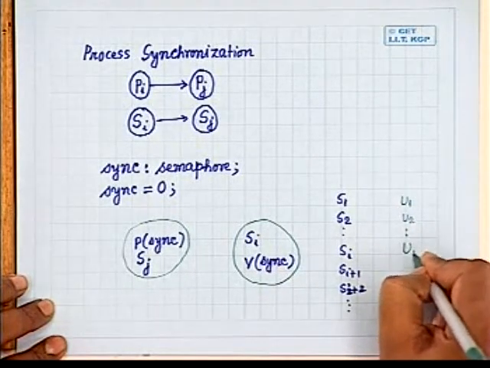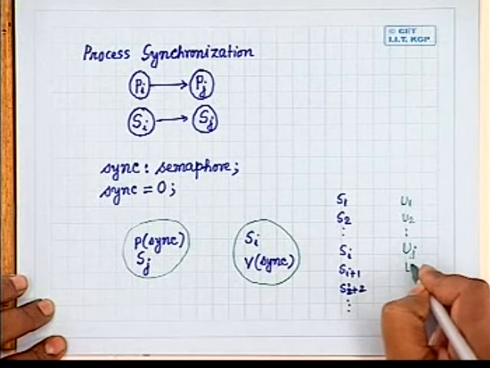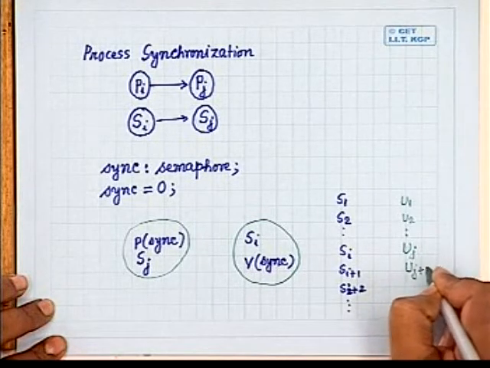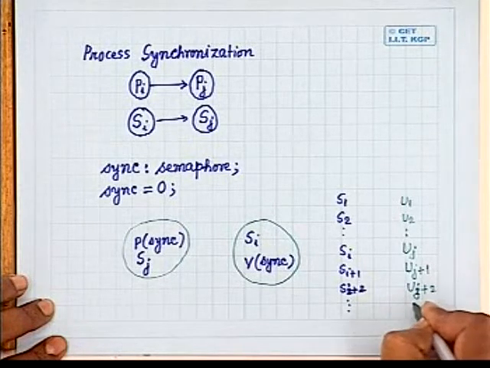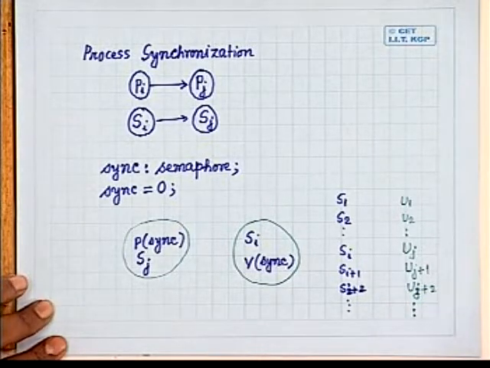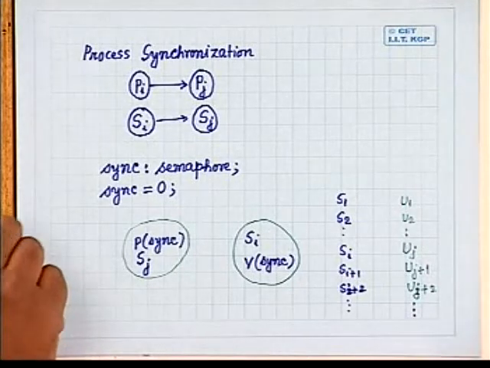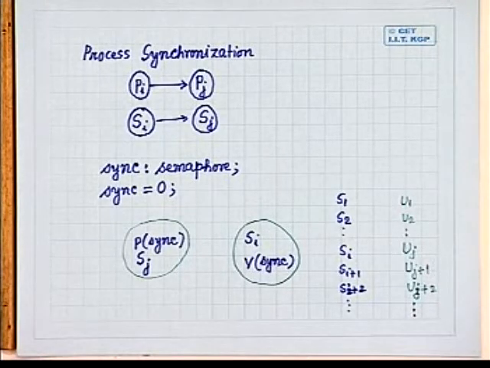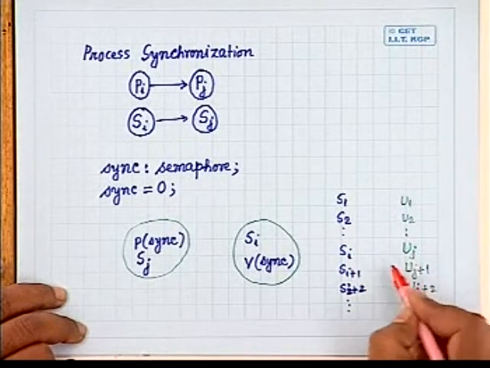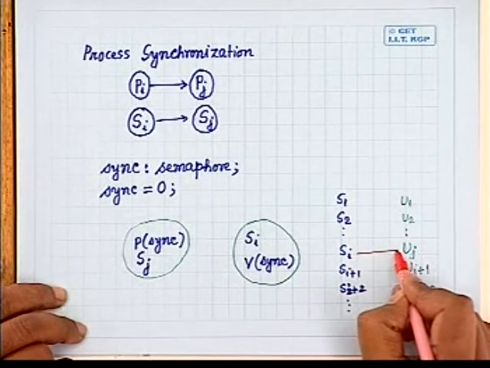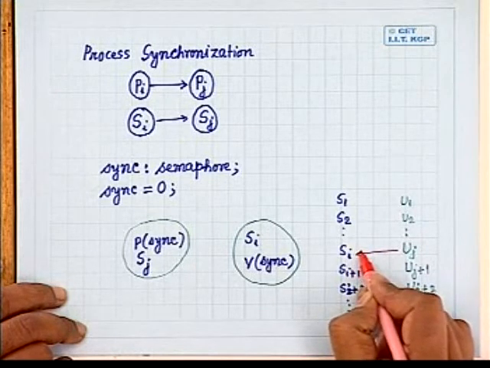Somewhere it will have a statement Uj, then Uj plus 1, Uj plus 2, and so on. Now what we need is that before execution of, say, statement Si of the first process, statement Uj of the second process must be complete.